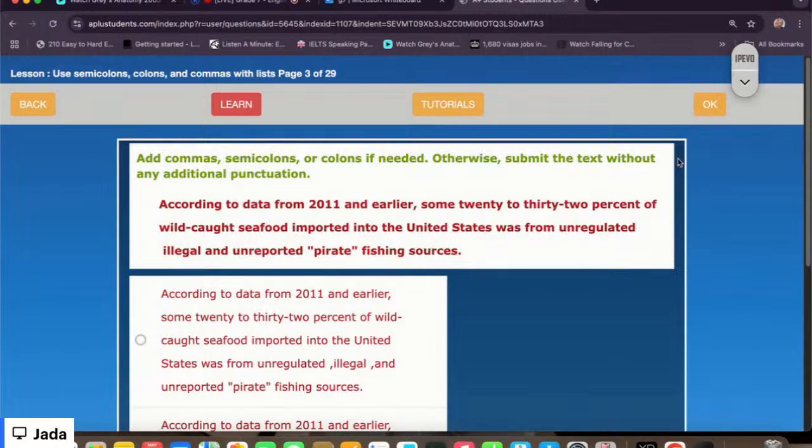According to the data from 2011 and earlier, some 20 to 32% of wild-caught seafood imported into the United States was from unregulated, illegal, and unreported pirate fishing sources.